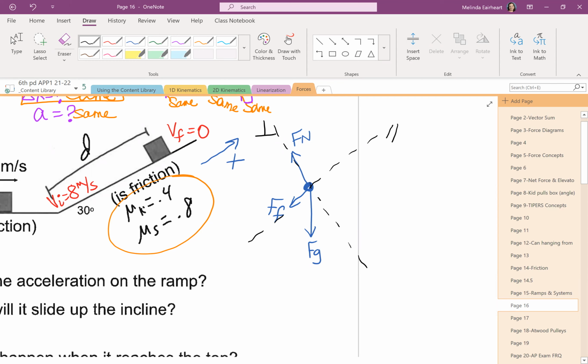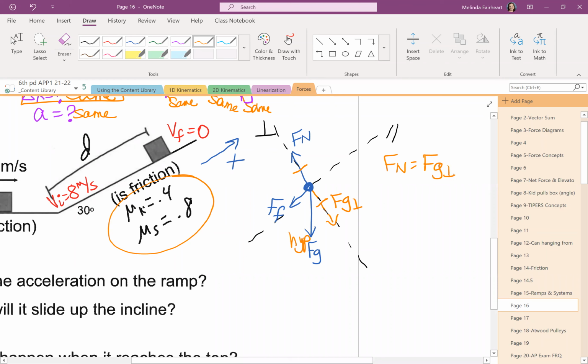Now, I highly recommend drawing your components of the gravitational force. Remember, if you do it right, Fg is the hypotenuse. And so continue kind of going opposite Fn, draw an equal and opposite Fg perpendicular. So Fn is going to equal Fg perpendicular.